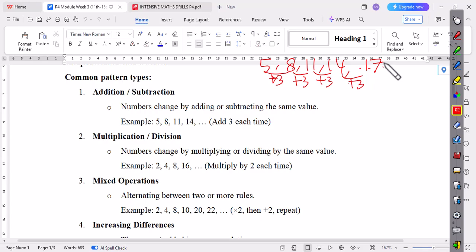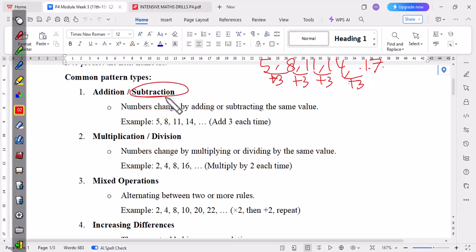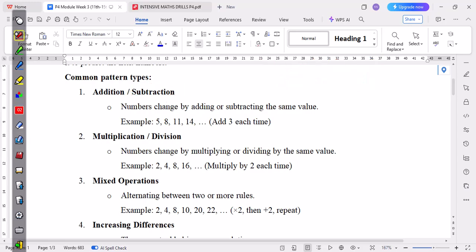So how about the subtraction pattern? The subtraction pattern is almost the same, but in this one, the difference between every number is a subtraction. For example, we have 10, 5, 0. It means the difference between each number is negative 5.